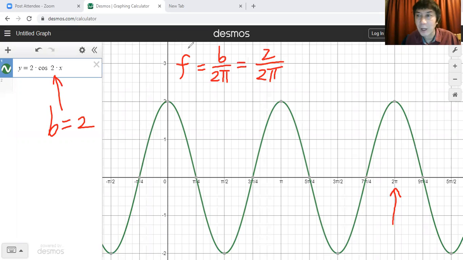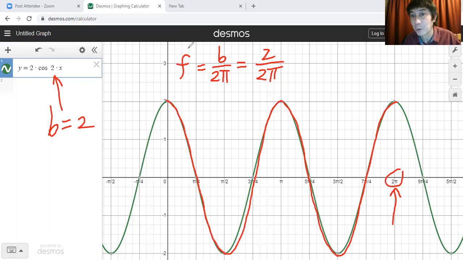Let's count the complete cycles. This is one complete cycle for cosine. Where's the other one? From here again. There, see, there are two complete cycles per 2 pi.